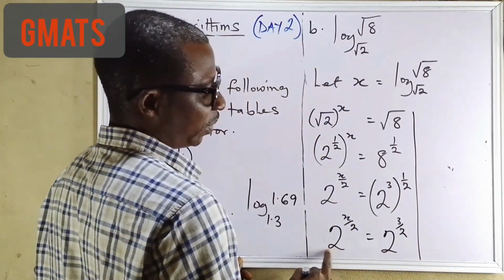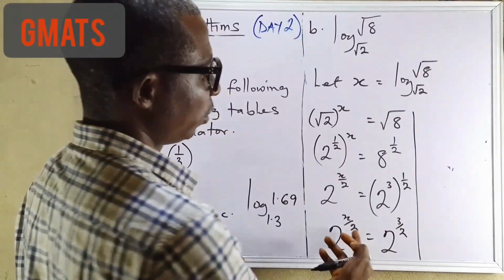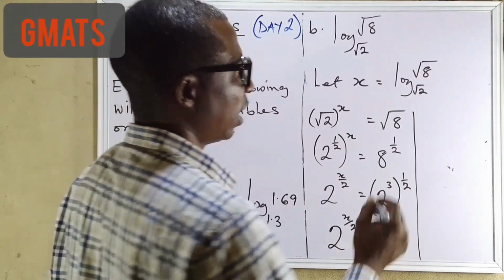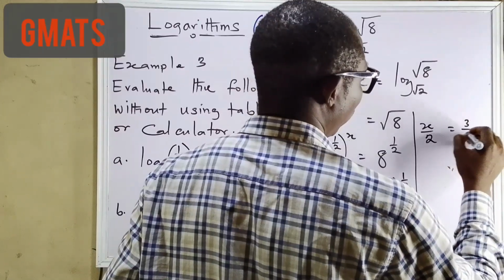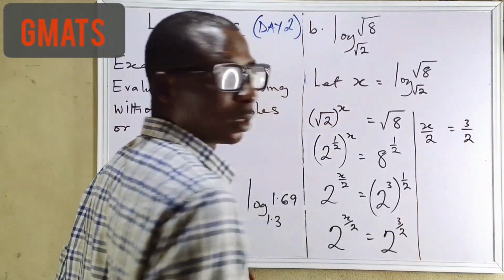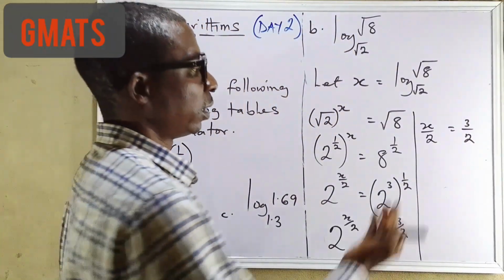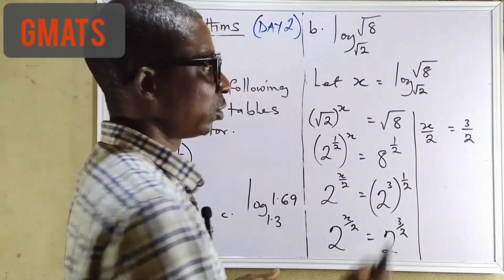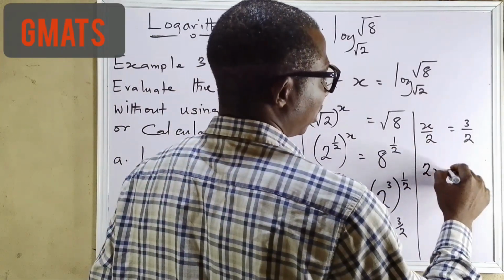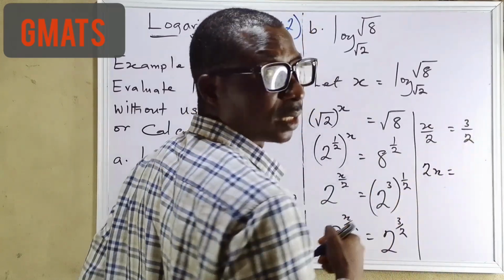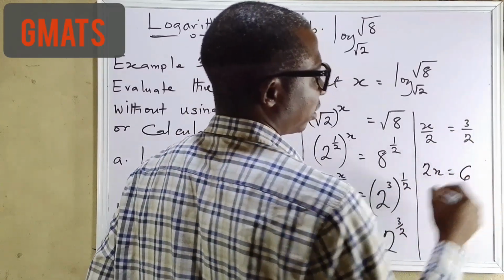Now the bases are equal, so you can equate the powers. So you have x over 2 equals 3/2. Right? So now you cross multiply here. You have 2 times x, so you have 2x equals 2 times 3, that is 6.